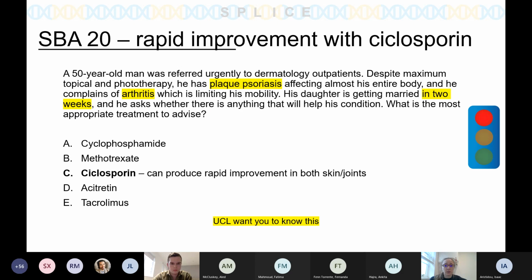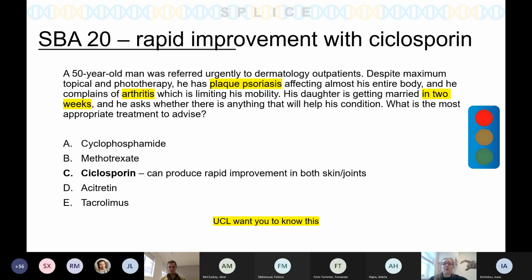Cyclosporin acts much faster. It's a stronger immunosuppressant, but because of that, it's got, you could say, more side effects. It's more immunosuppressive, so high risk of infection. And then if you remember, I don't know if you've done renal talks yet, it can be damaging to the kidney, can cause hypertension. Also with cyclosporin, we only use it for a short period of time.